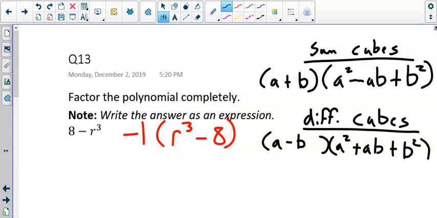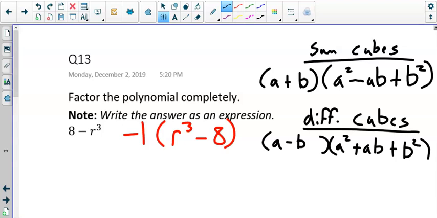How do I figure out what A and B are? Because this is a difference of cubes. Let me ask you this question: how do you get rid of something cubed? Not a square root, a cube root.